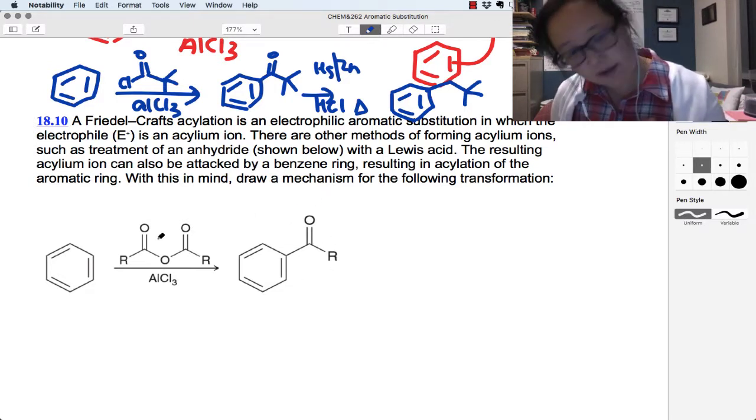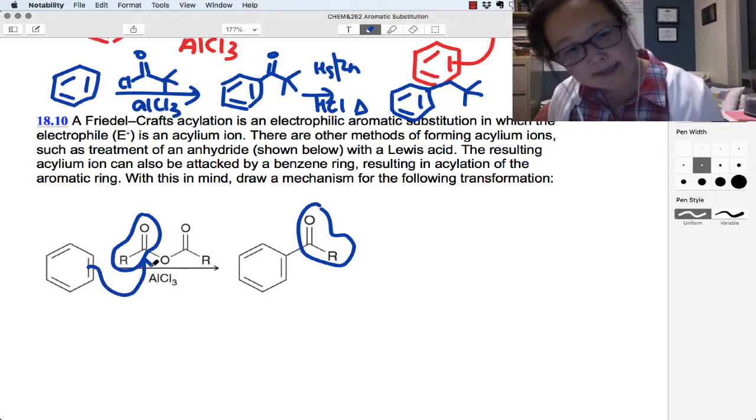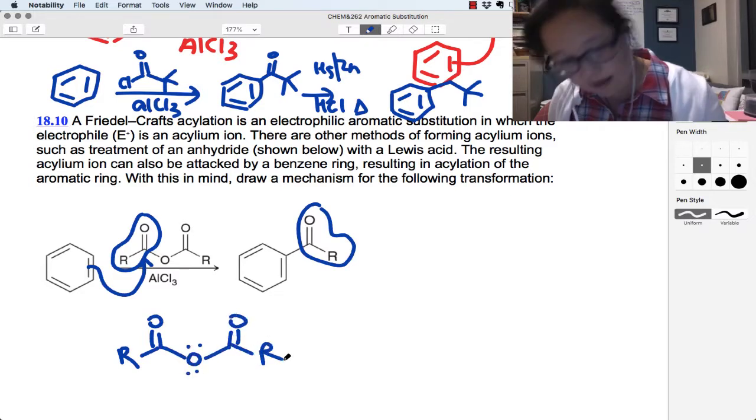Okay, so let's see if we can figure this out. I think you see that this group is this group. So I basically want to attack like that. So there must be something going on here where this group is being drawn away. And so basically I'm just coming up with these ideas.